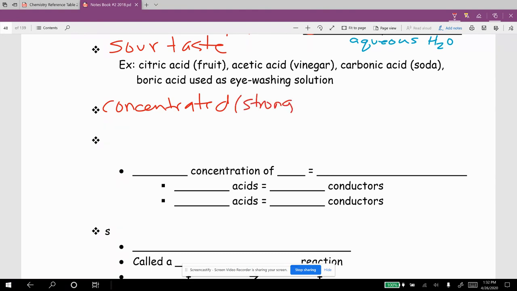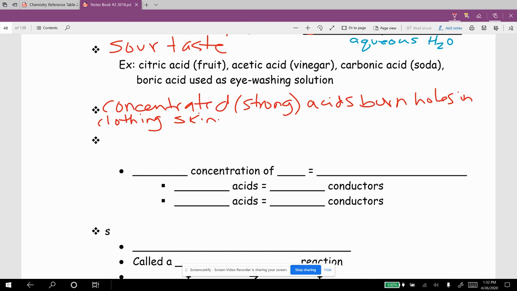So remember concentration from our solutions unit. Concentrated acids can burn holes in clothing and on skin. A very strong acid can burn.